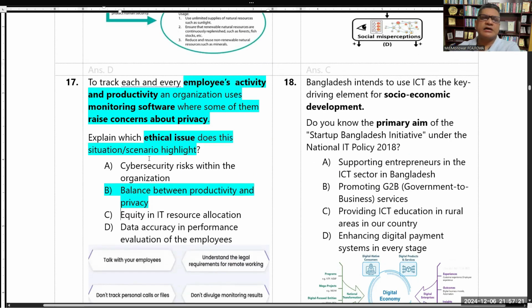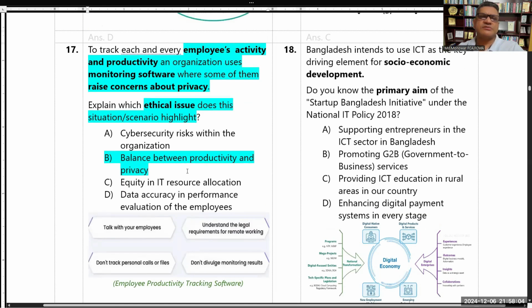It basically requires balancing. Some raise questions about privacy, but it has to be balanced because the organization uses monitoring software to observe employee activities. So the answer is balance between productivity and privacy.